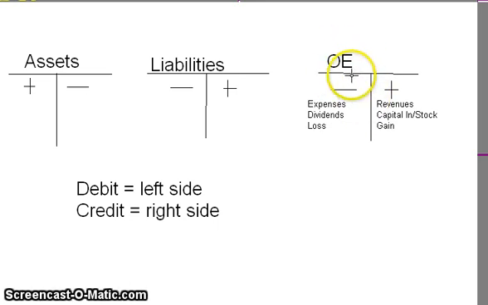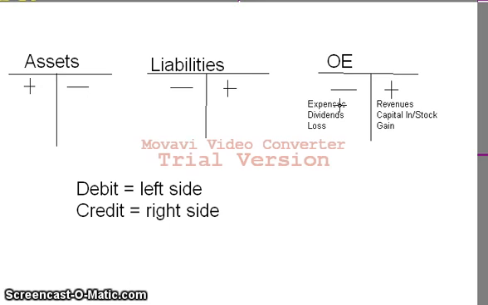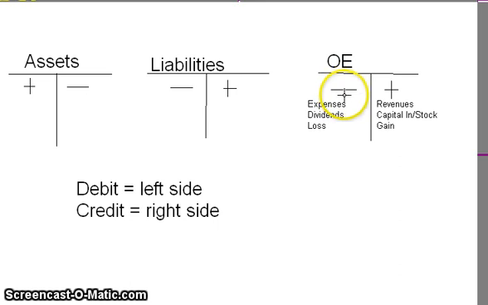Owner's equity is not just its own number; it's combined from all of the components of the income statement, all of the revenues, all of the expenses, and then you would take away dividends and things like that. All of those flow together through the statement of retained earnings to be a final owner's equity. So all of the accounts that build together to be owner's equity are considered owner's equity types of accounts.